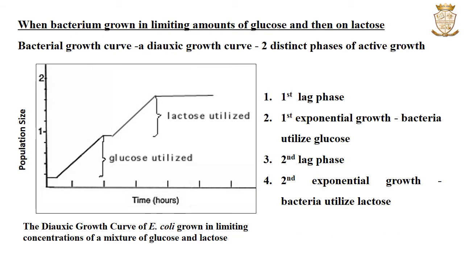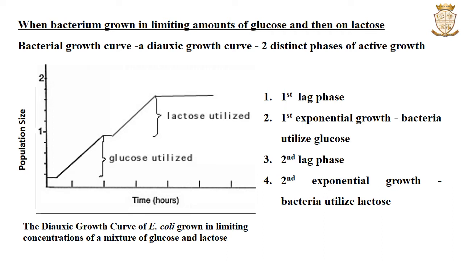Now we will discuss a typical diauxic growth pattern. It could be obtained when a bacterium is grown in a medium which contains very low concentrations of glucose. Glucose is the first substrate here, and the medium will contain lactose also.